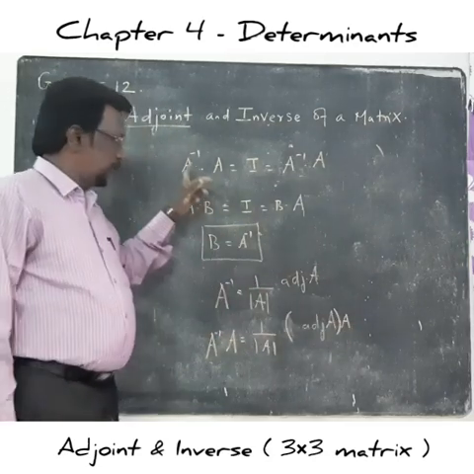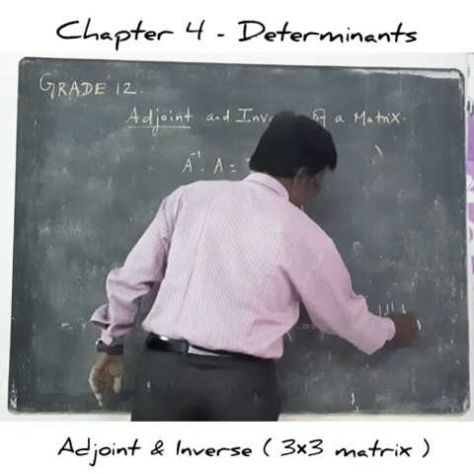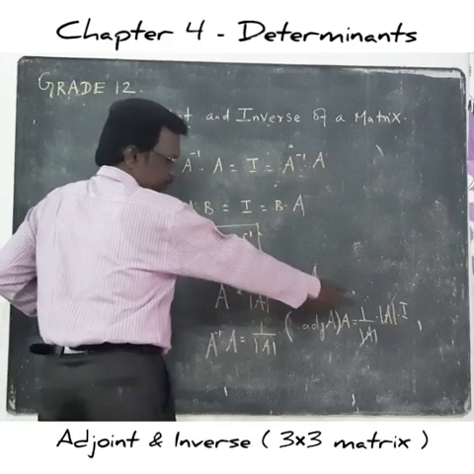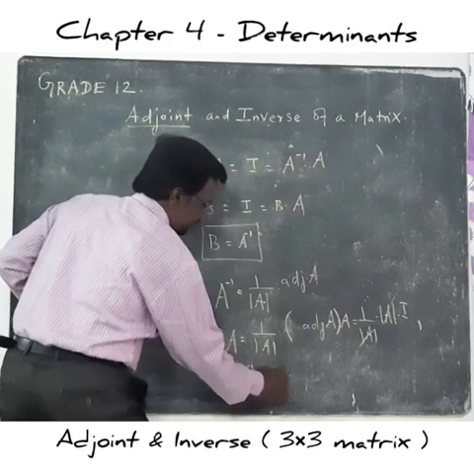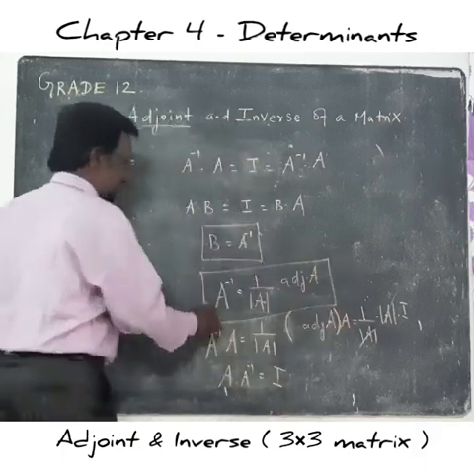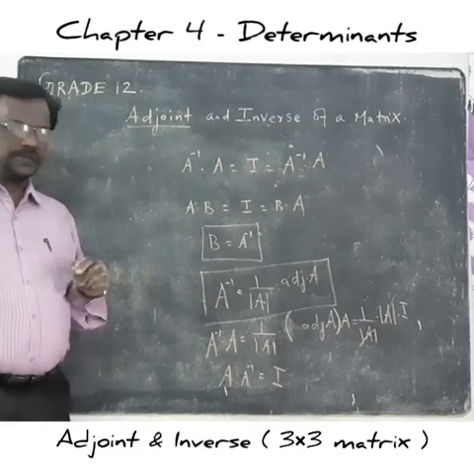Already we have got one result. This is nothing but determinant of A into I. So A inverse A is equal to I. Similarly, A into A inverse is also I. So this is the formula for finding A inverse.